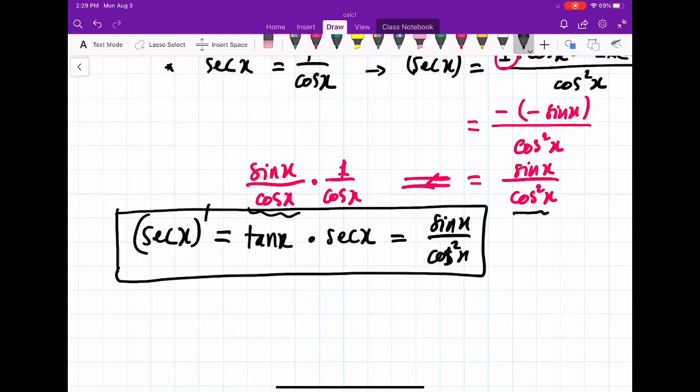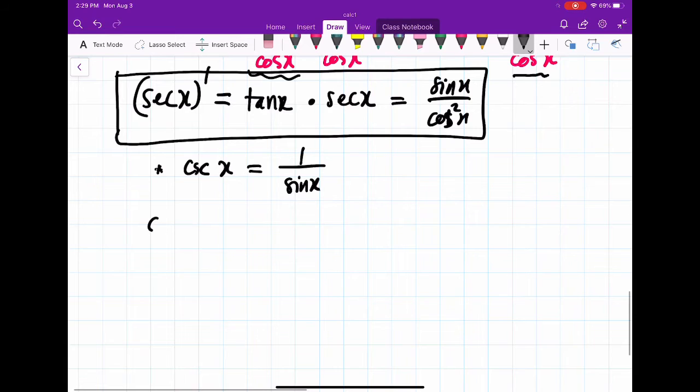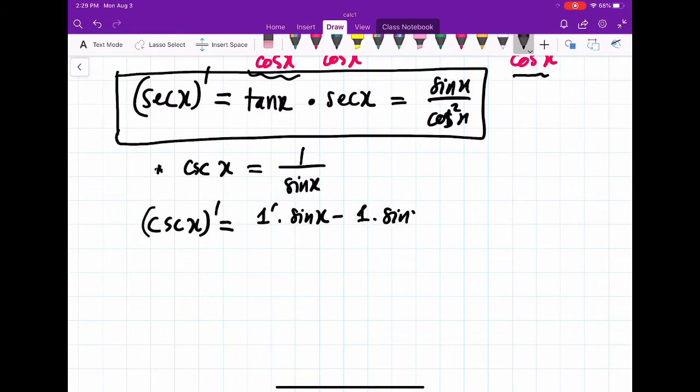All right. Similarly, you can find the derivative of cosecant of x, because we know that cosecant of x is 1 over sine of x. And you use again the quotient rule. Let's do this. Equal to 1 derivative times sine x minus 1 times sine x derivative, over sine squared x.